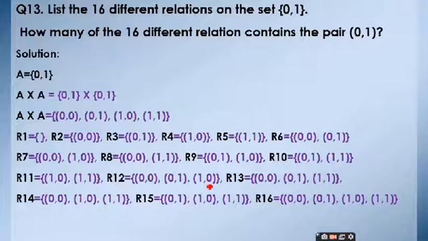As you all know how to make the relations, now we have to find in how many relations the pair (0,1) is contained. So let's see.